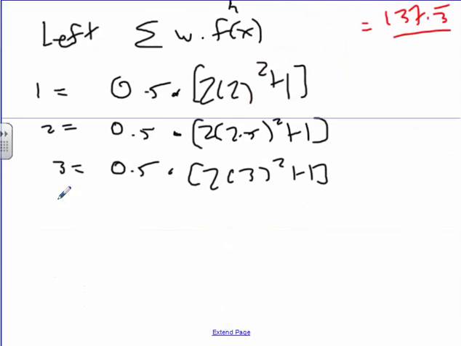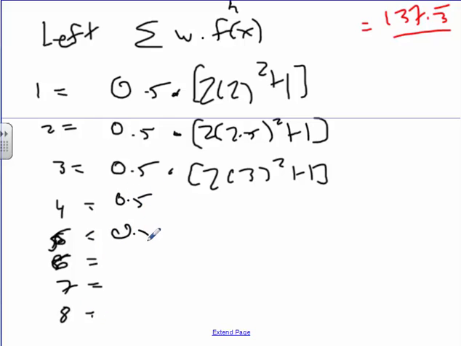Well, once you get the idea, just keep this pattern going. So we wanted to have, we said 5, that's 5, 6, 7, 8. We said we wanted to have 8 boxes. All right, so keep going, 0.5, 0.5. They all have a width of 0.5. Now, their heights just keep increasing by that next incremental x value.